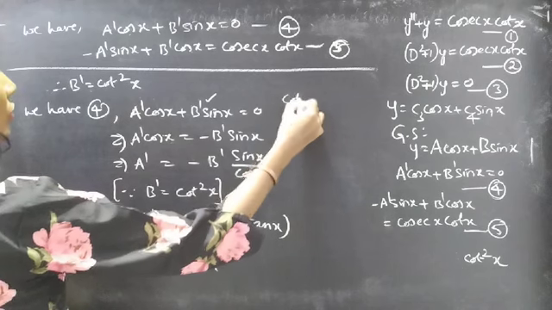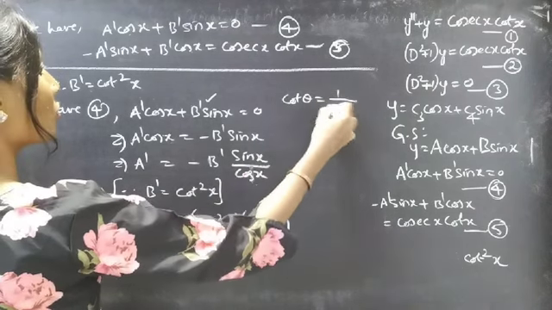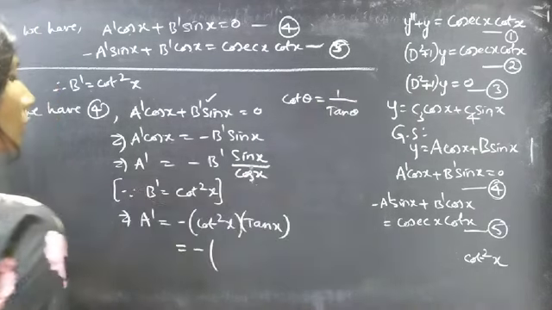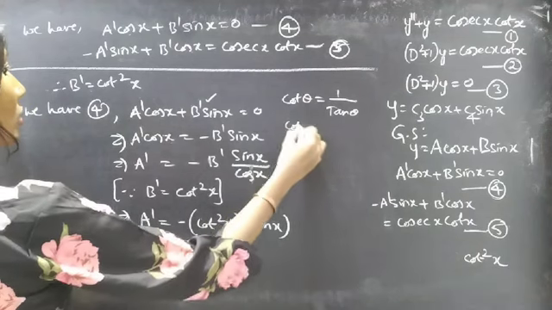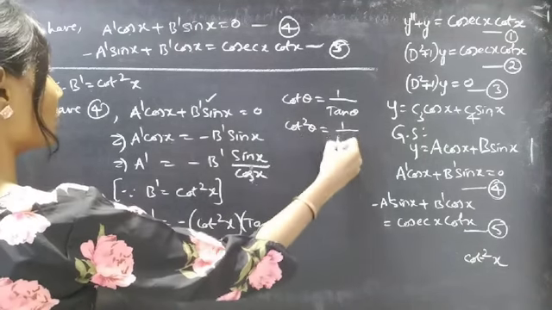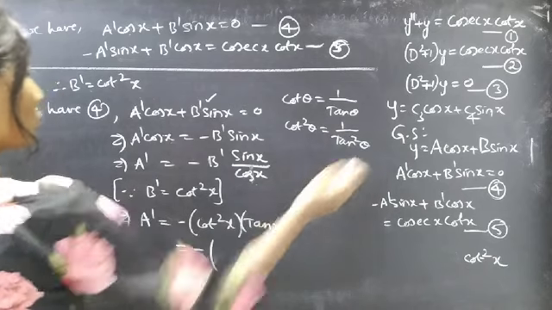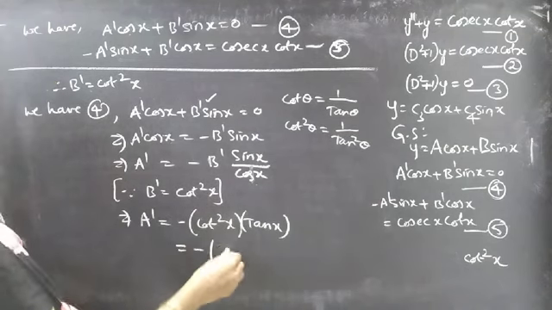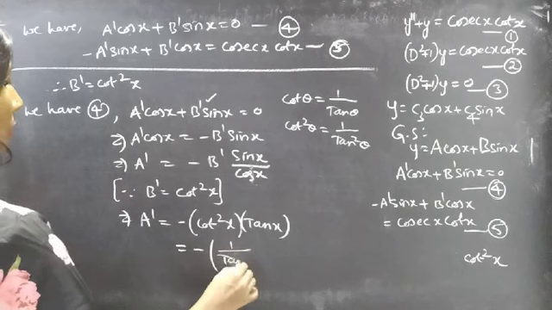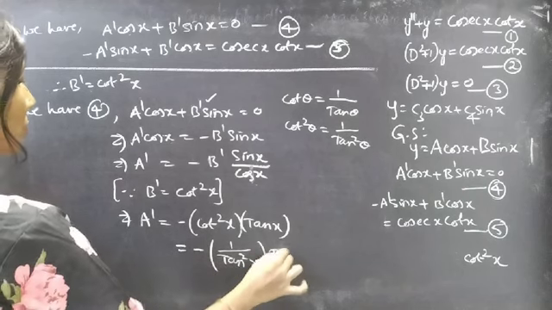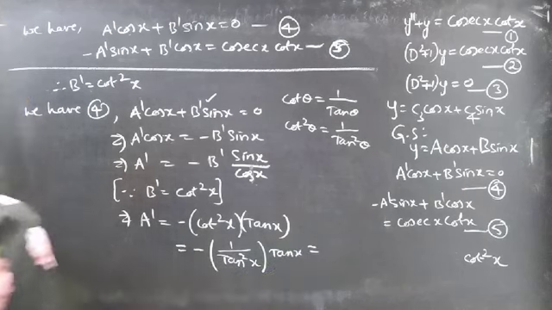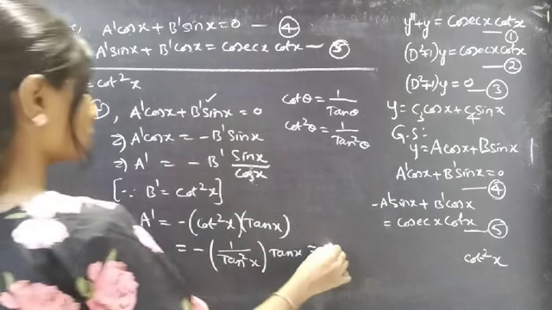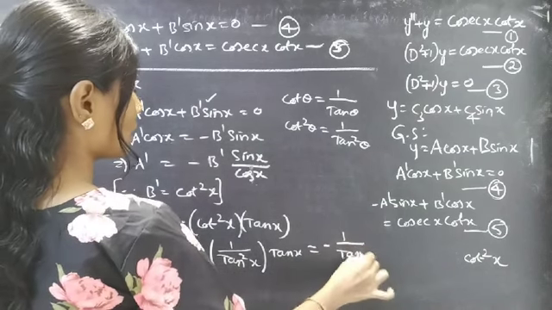We know that cot theta equals reciprocal of tan theta, right? Then cot square theta equals 1 by tan square theta. So we can write cot square x as 1 by tan square x. If we cancel one tan x, we'll get minus 1 by tan x.